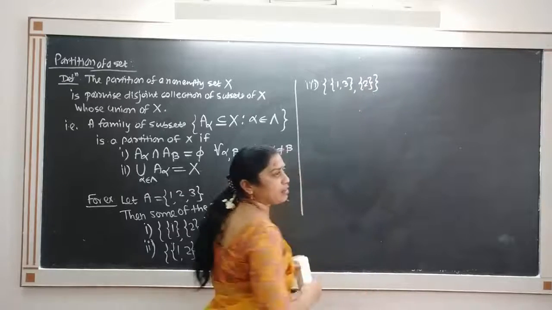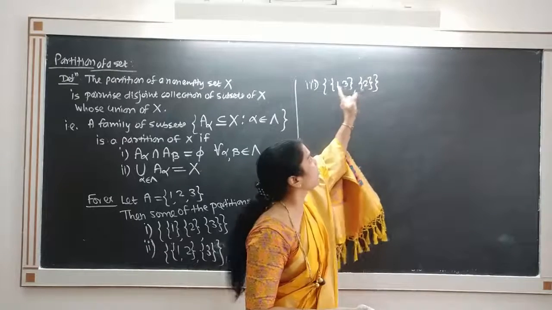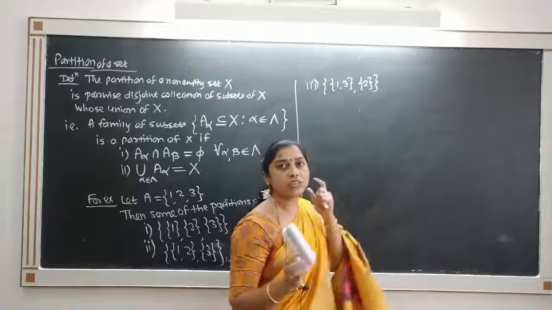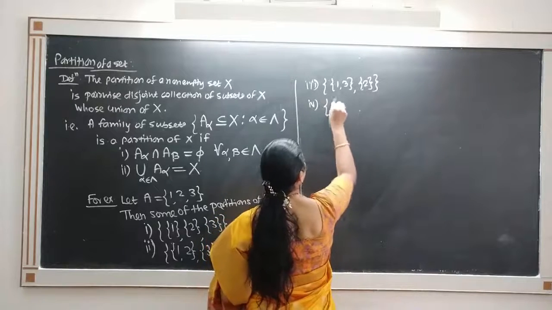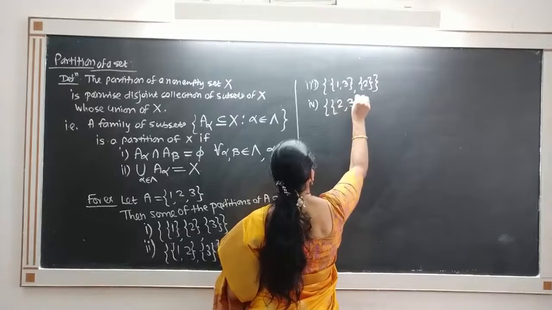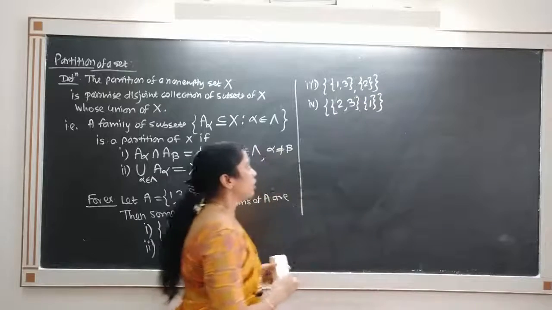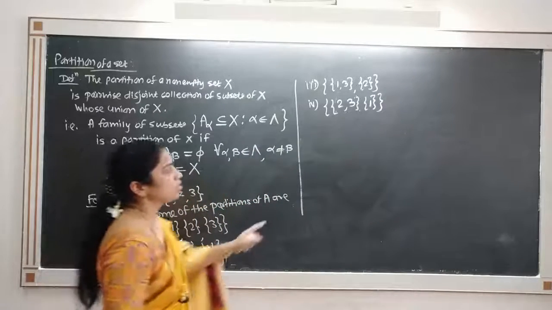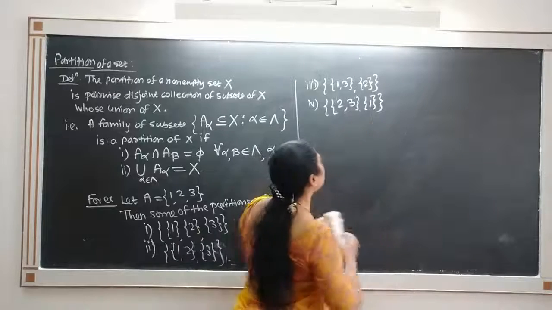Observe, this is also a partition. Why? If you take the intersection, it is empty, and if you take the union, we will get the whole set A, {1, 2, 3}. The next partition, I will write as {2, 3} and {1}. So see, this is a partition because if you take their intersection, it is empty, and the union is the whole set.